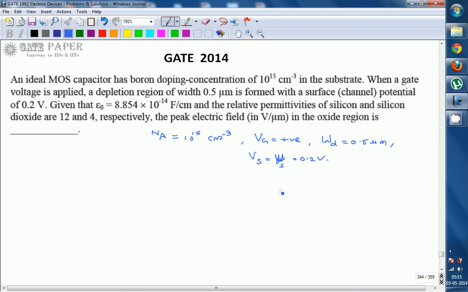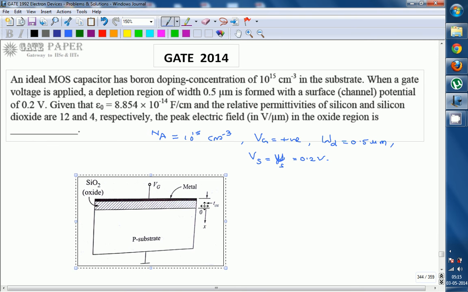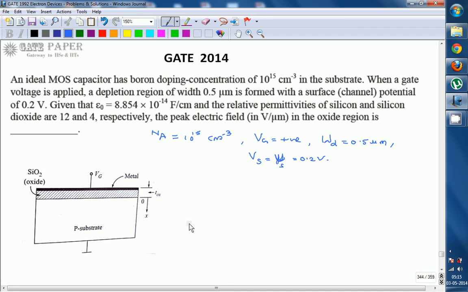First of all, we must know what is meant by a MOS capacitor. So this is the diagram related to the MOS capacitor. A MOS capacitor is formed with a metal layer, which is the gate, an oxide layer, and below that a p-type substrate. The p-type substrate acts as the first plate, and the metal acts as the second plate.